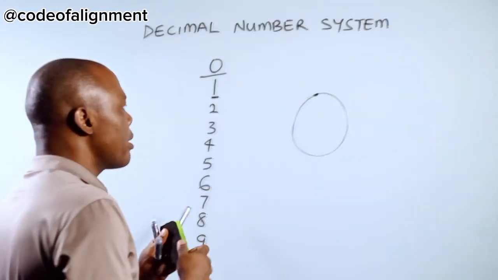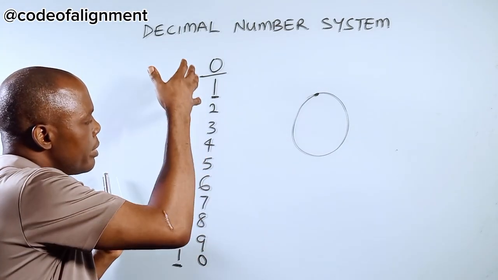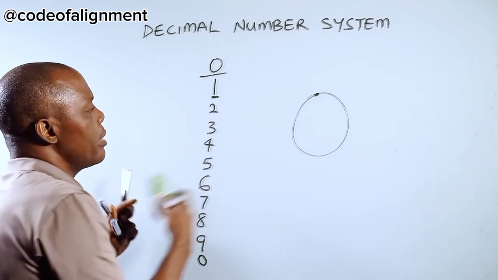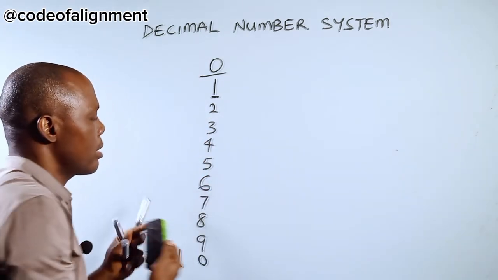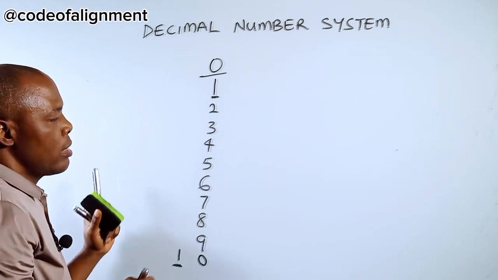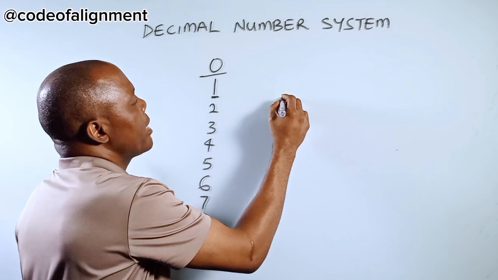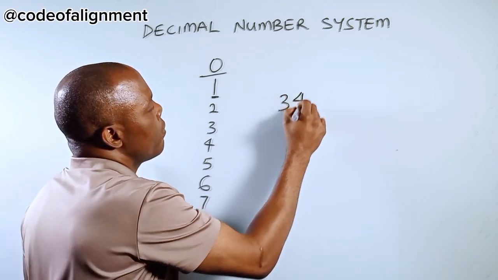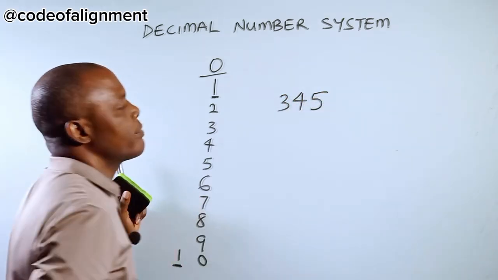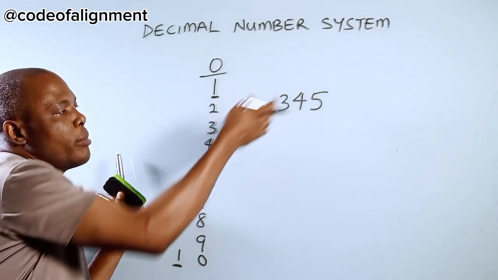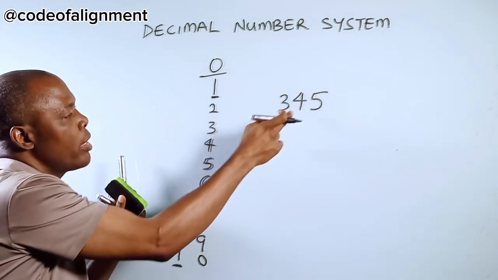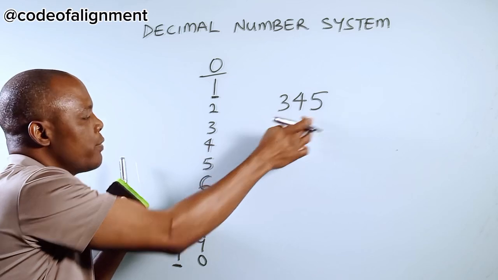So if we have a number like 3, 4, 5, these are symbols. 3 is a symbol, 4 is a symbol, 5 is a symbol.